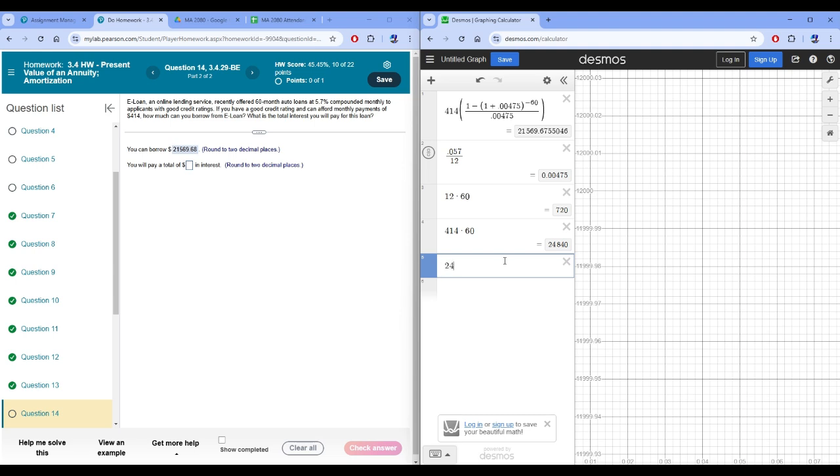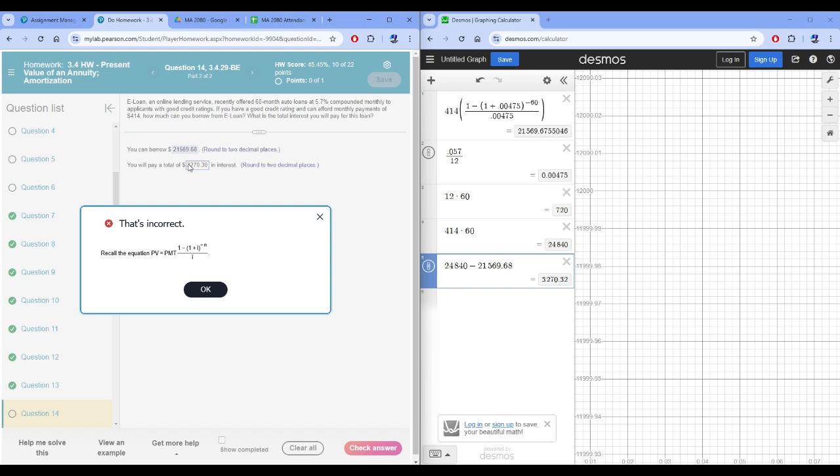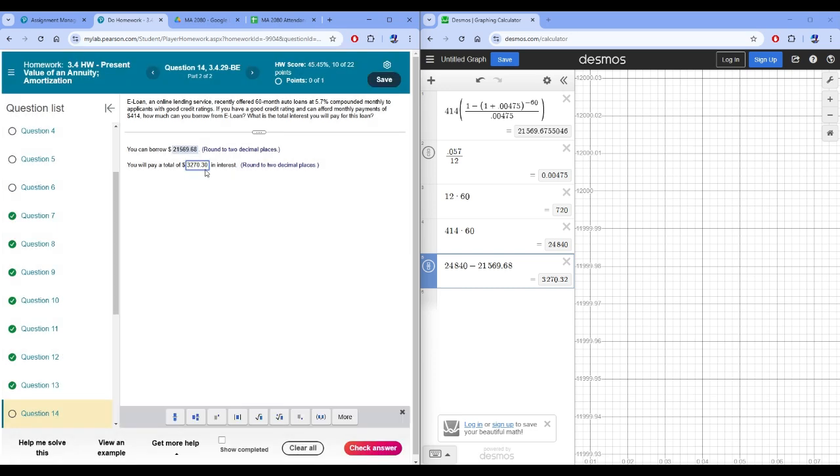So it's 24840 minus 21569.68. I'm going to pay $3,270.32 in interest. Really? I thought I had that one. Oh, I didn't put the 32.